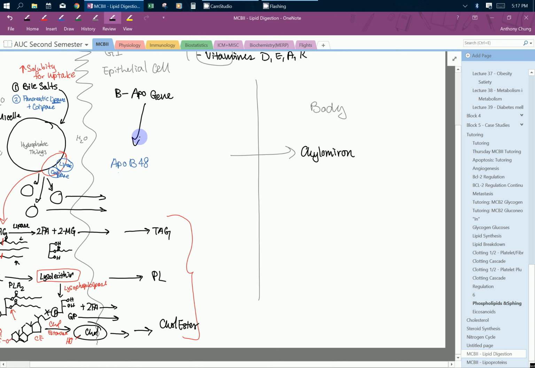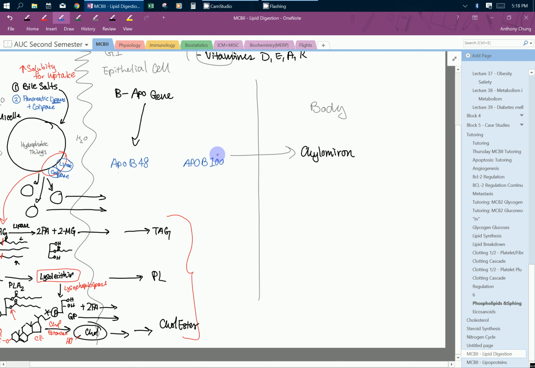I'm mentioning this here right now because all the ApoBs are made from this same gene. So later on, we're going to talk about the VLDLs, IDLs, and LDLs. That also contains an ApoB, but it's a different form. So this gene is capable of making the ApoB48 and then ApoB100. And then, is there any question?